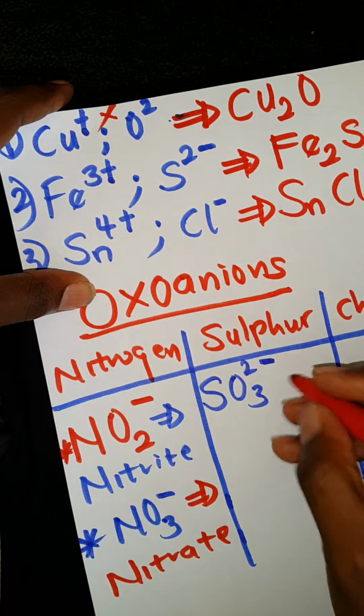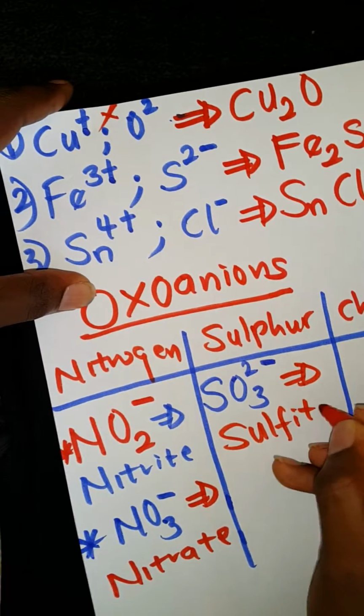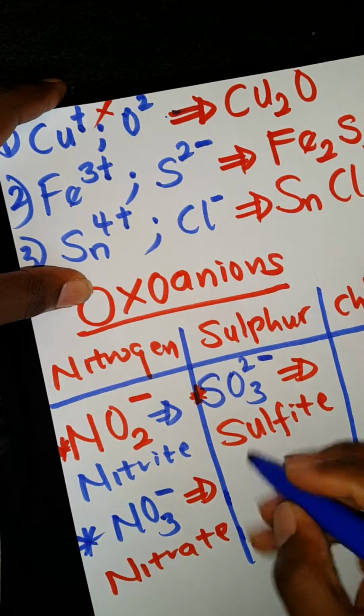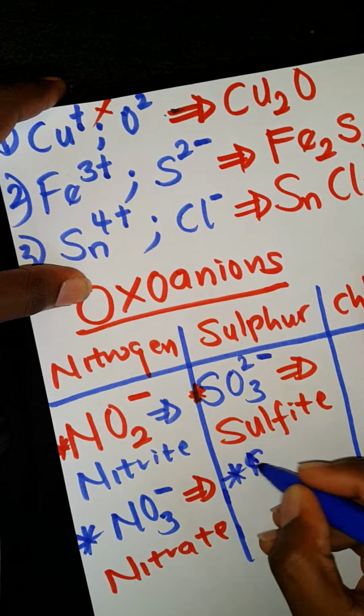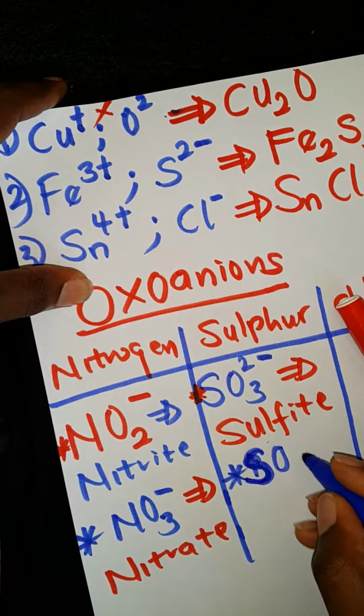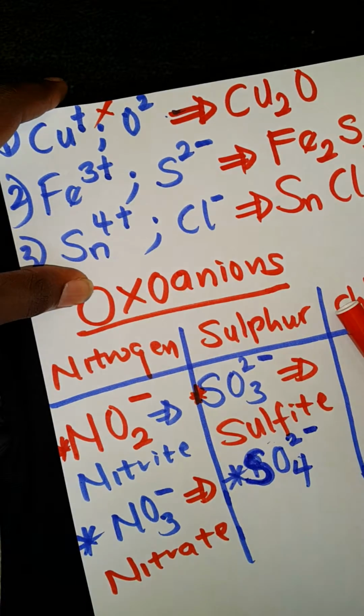SO3 2 minus, this one is called sulfite. That's the first one. Then the second one is SO4 2 minus.